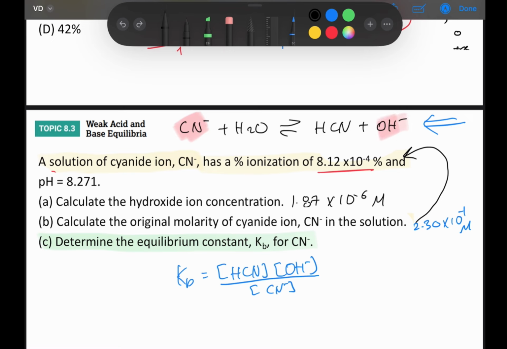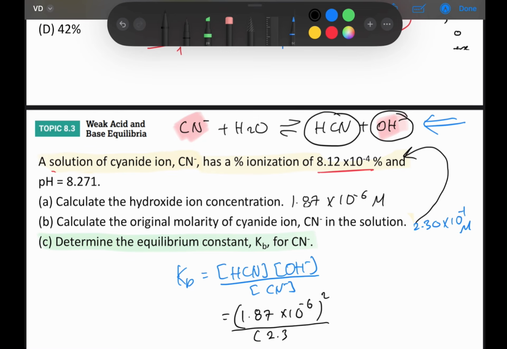Since the concentration of OH is the same as the concentration of HCN, we can say it's 1.87 multiplied by 10 to the power negative 6, squared, over the original molarity, which is 2.3 times 10 to the power negative 1. And the Kb is equal to 1.52 times 10 to the power negative 11.